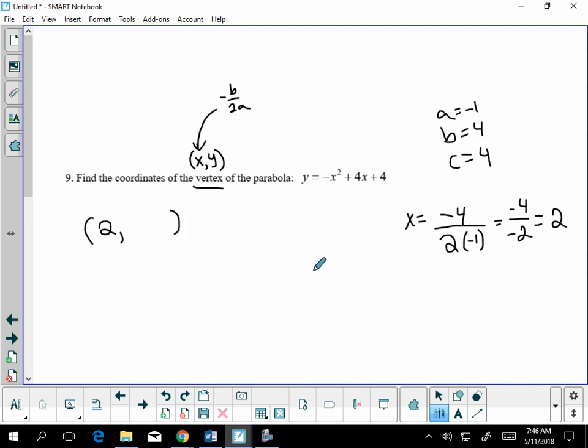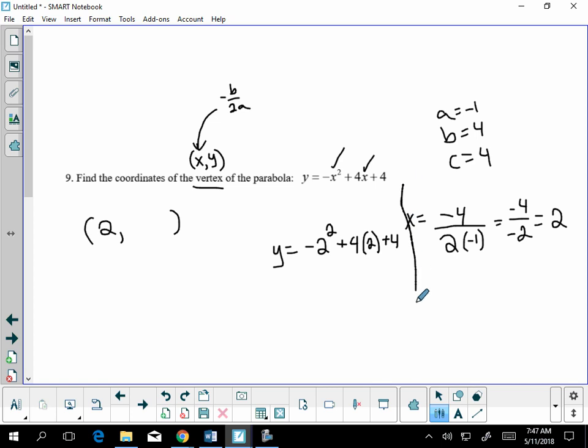Now I need to know that y-coordinate. So it's going to be y equals, and I'm going to plug it in 2 spots. Negative 2 squared. Be careful here. It's the 2 that's being squared, not the negative. We don't have parentheses around that negative sign. Plus 4 times 2 plus 4.